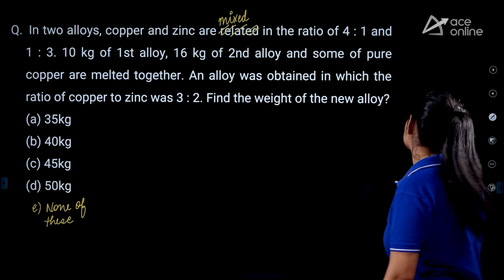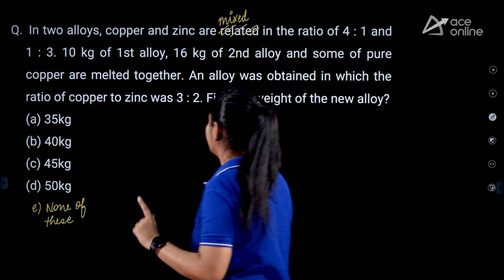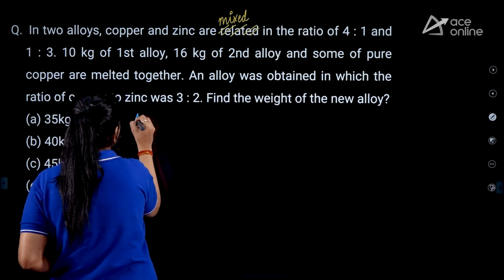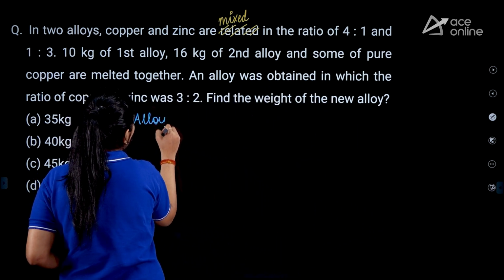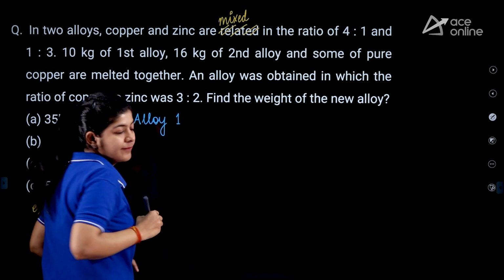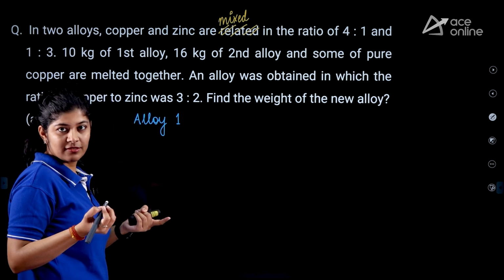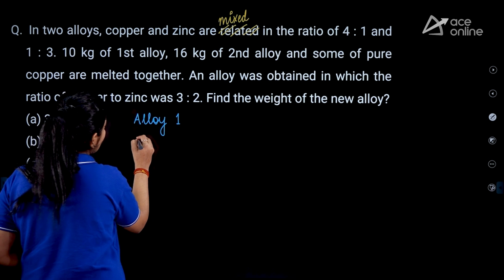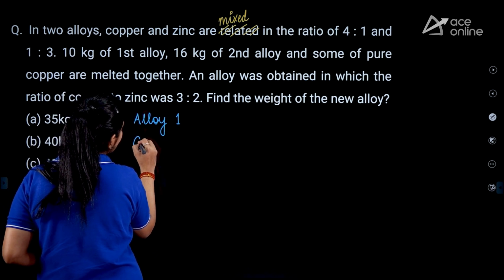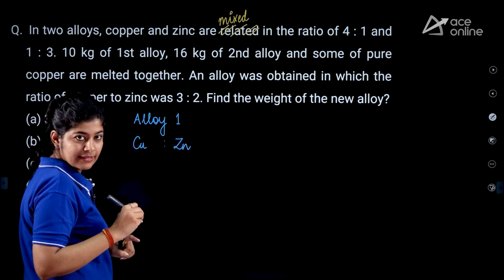Okay, let's start solving this. Here we are having the first alloy. So here I am writing alloy 1, or alloy first, right? In alloy first, we are having copper and zinc. So here we are having copper and here we are having zinc, right?